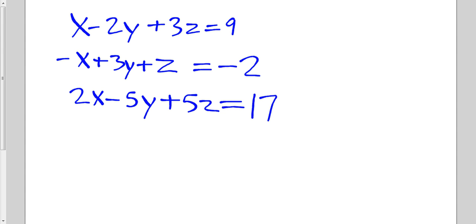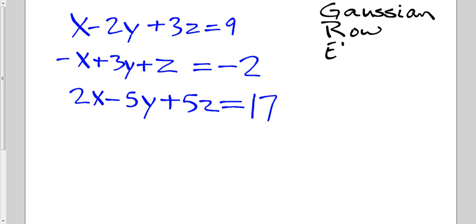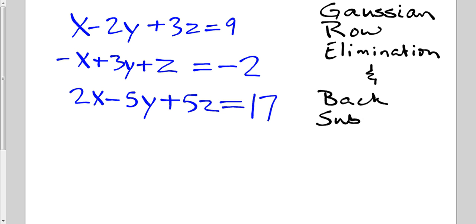Okay? Now, this whole process is called Gaussian row elimination and back substitution.